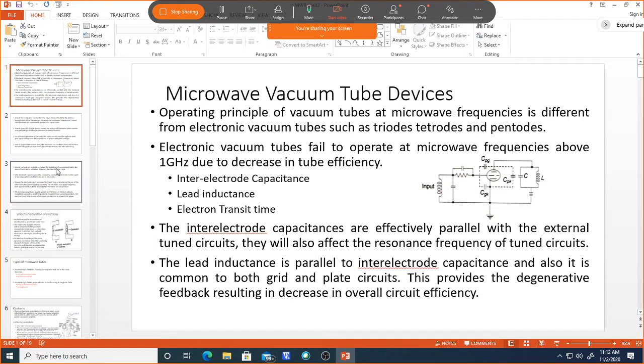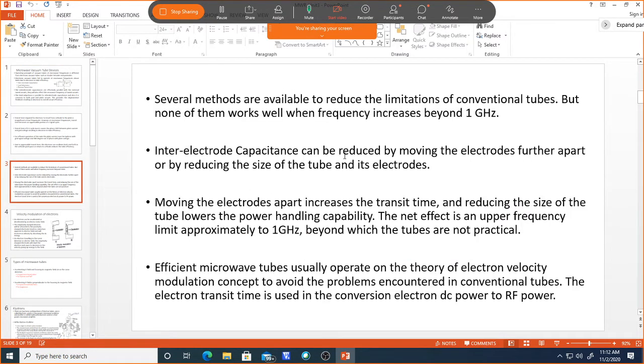But this creates other problems, as I said: the electrodes go far apart. Moving the electrodes apart increases the transit time, reduces the size of the tube, and also reduces the power handling capacity.